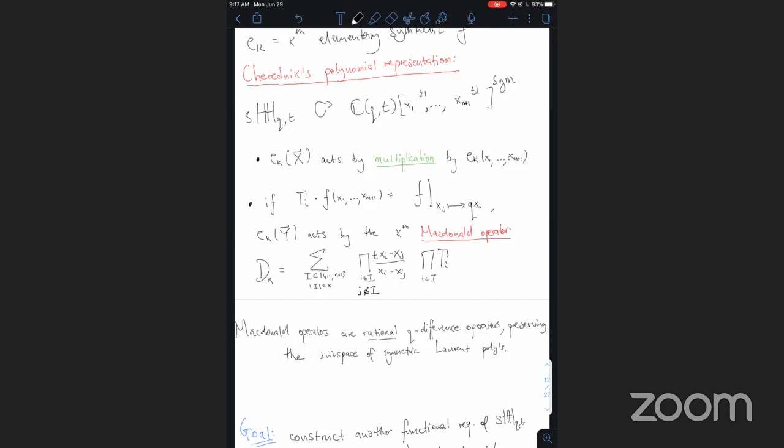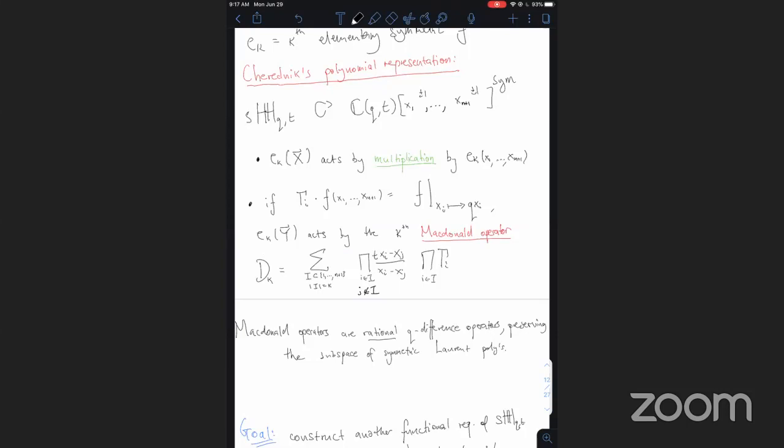They're rational Q difference operators, as we said, but preserve the subspace of symmetric Laurent polynomials. And the nice thing is that they together have simple spectrum, and their eigenfunctions are given by the Macdonald polynomials.